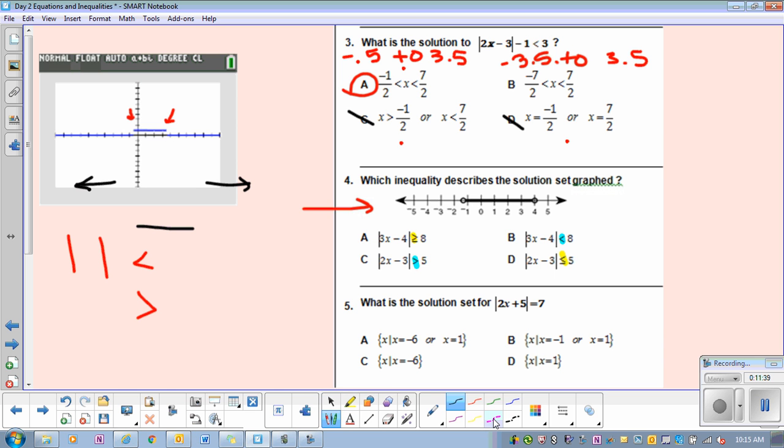Greater than or equal to, A, and which one? D. All right, so that's another thing you should look for. Is it an open circle? Is it a closed circle? So then now what I can do is plug in B or C into the calculator, see which one looks like it, right? So let's try that.